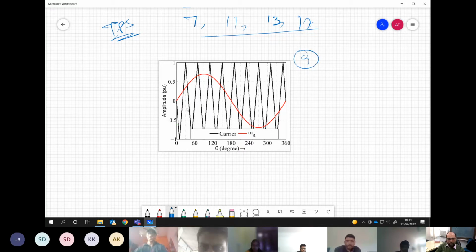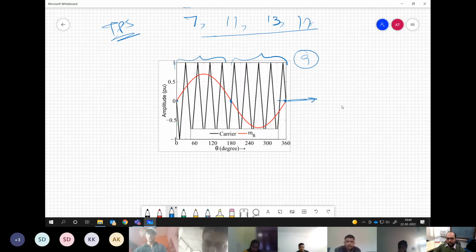Now what we are having is 9 cycles of the carrier within this fundamental cycle, which means about the half, whatever is present over here is present over here. You just need to reflect it about this axis. You understand my point? So that is how we are maintaining the half-wave symmetry. We have seen that, right?